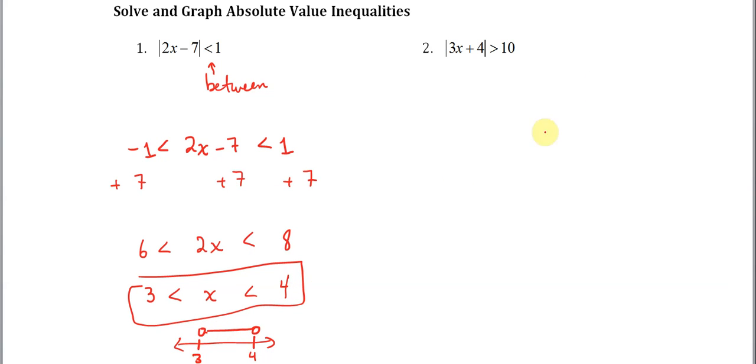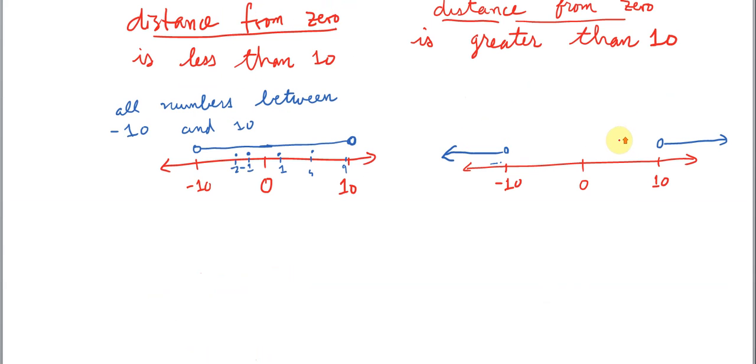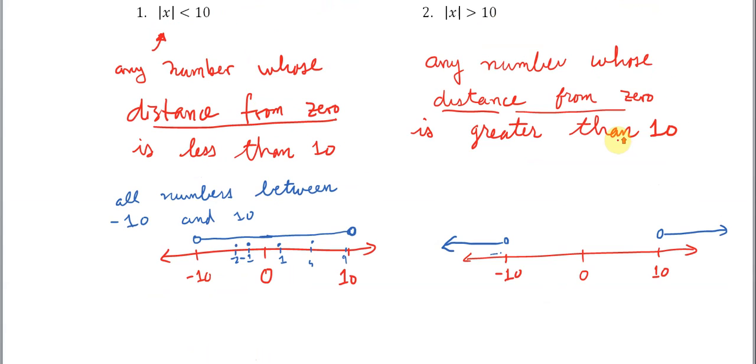and this right here is the graph. Moving on to the next example, you see now we have an absolute value expression and it's greater than. So it's going to be on the outside. So just to recap what we did last video, this is really x is less than negative 10, or x is greater than positive 10.